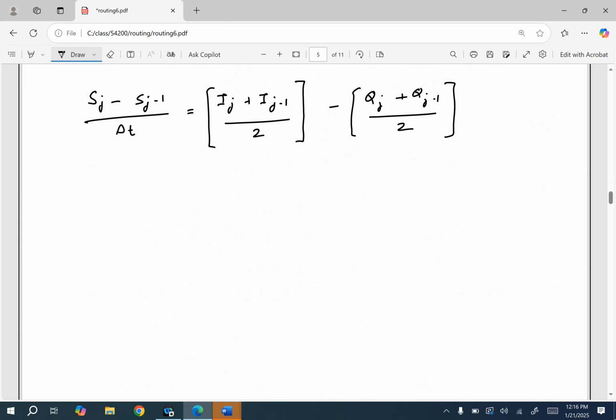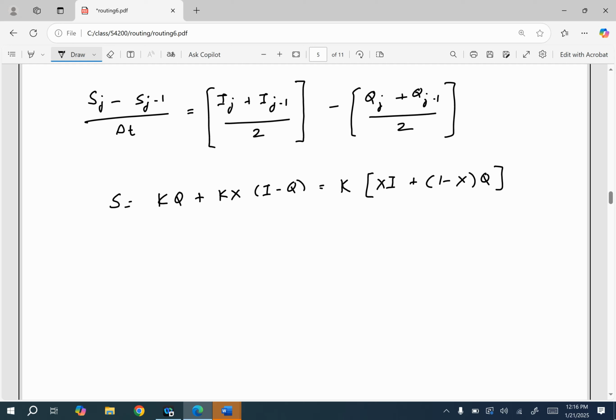So S is equal to KQ plus KX(I minus Q), and we can simplify. I can bring K out, then I have K times (XI plus (1 minus X)Q). Okay, and then we are going to replace Sj and Sj minus 1 with this expression.